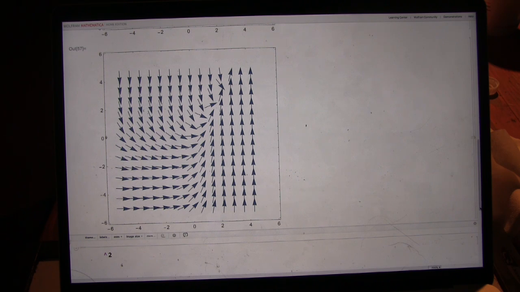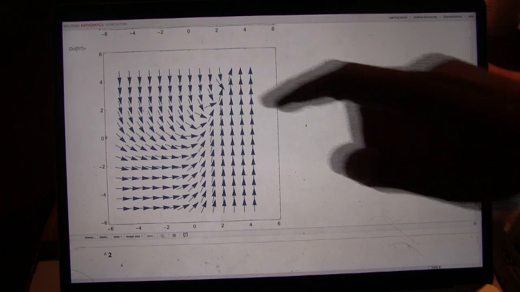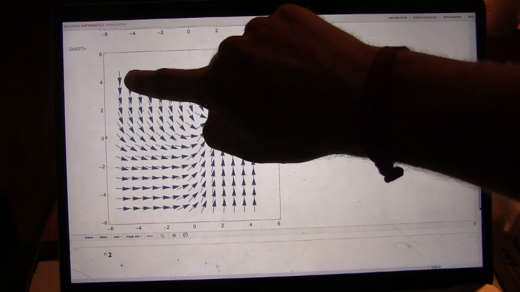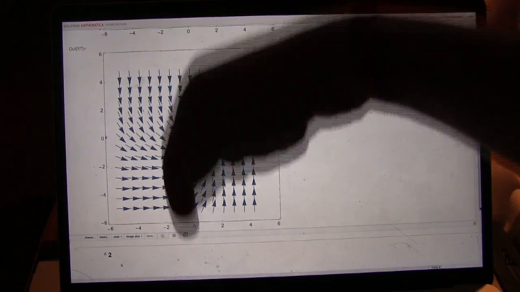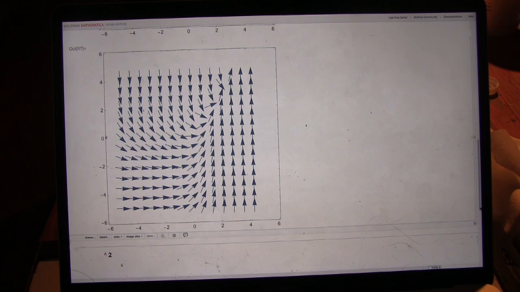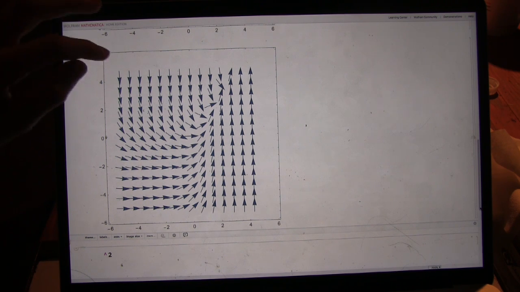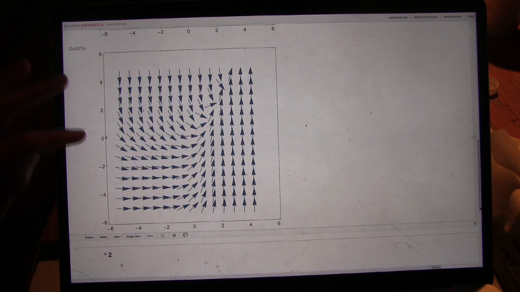Okay? And then up here, when y is large and x is small, I'm almost going straight down. It's almost like the slope is minus infinity. Why is that? 3 to the x minus 2 to the y. Well, I guess if you're still in the negative, in the x direction.